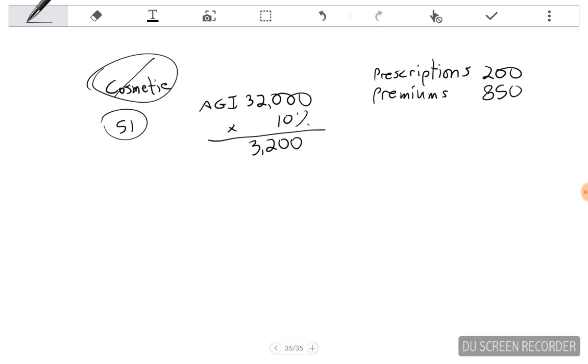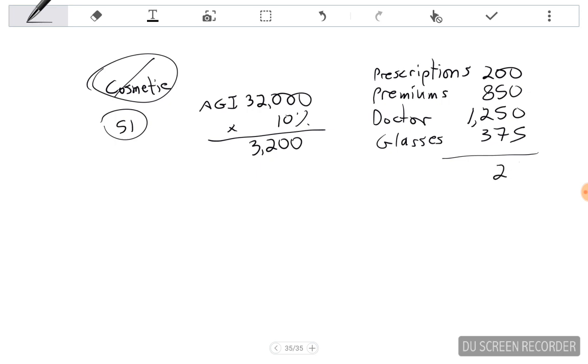And then we have doctor's fees. It's going to be $1,250. And then eyeglasses. So glasses should work. Not sunglasses, of course, unless maybe they're prescription. I think maybe that works. And then over-the-counter drugs, we talked about that earlier. Not going to work.